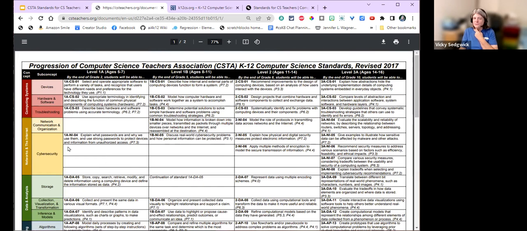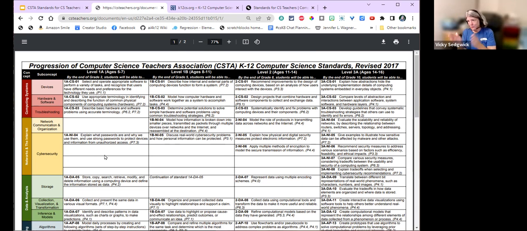Other states may have said, we need more in cybersecurity, so they added additional things to that. Some states took the CSTA standards just as they are and basically blessed them for their state. In the United States, each state adopts their own standards. There isn't a national standard.